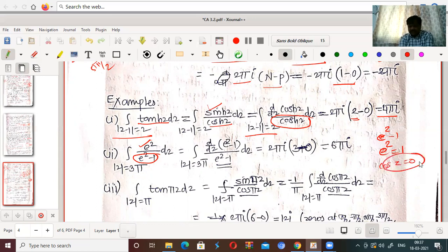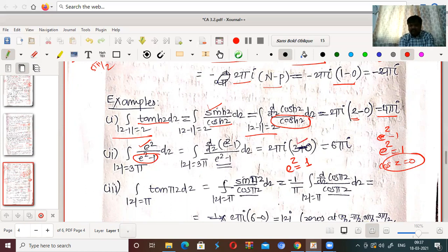So this function has a zero at z equal to 0, and z equal to 0 is a zero of order 3.